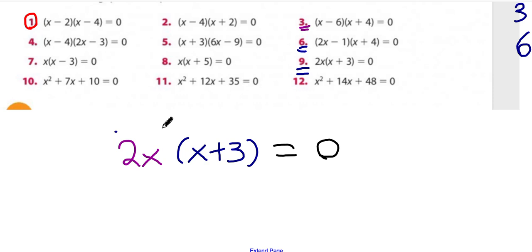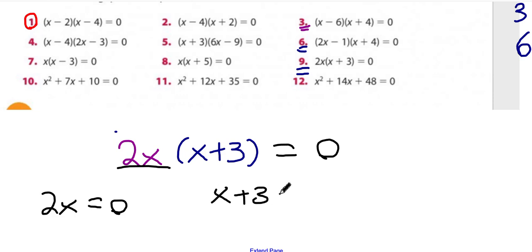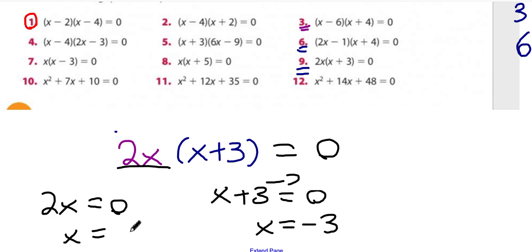But the answer is 0. So this leads me to believe that either the 2x is equal to 0 or the x plus 3 is equal to 0. So what do we think the answers are then? Bring the 3 over to your side. Minus 3. And then what's 0 divided by 2? Still 0.